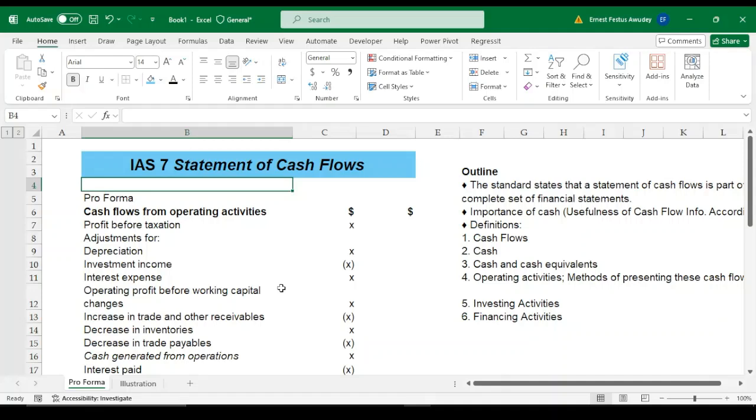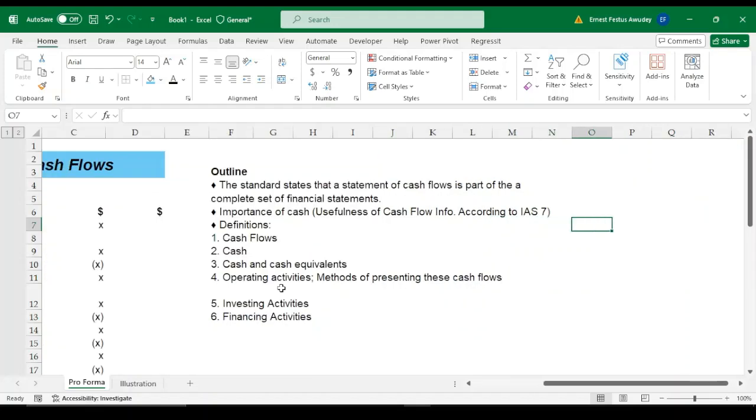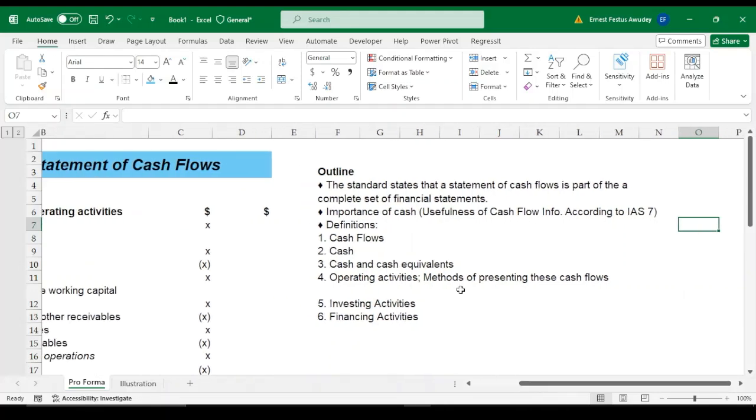So in this particular video, we are going to dive right into IAS 7. At the end of this video, we should be able to confidently prepare statements of cash flows under IAS 7. All right. Okay, so this is the outline. We are coming to look at a brief overview of the standard, and as I already said, the standard states that a statement of cash flow is part of the complete set of financial statements.